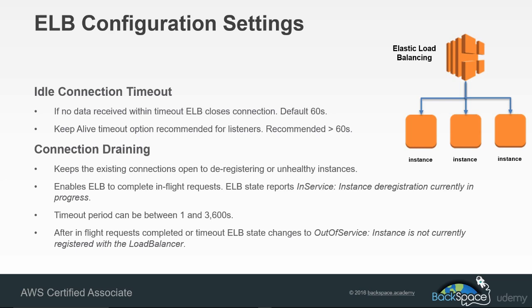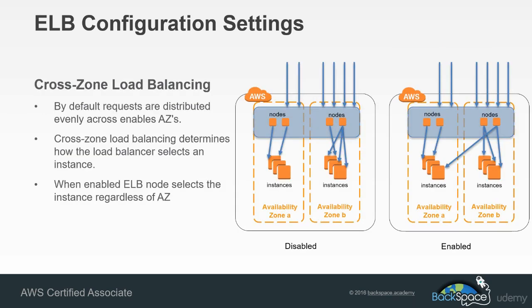After all of the in-flight requests have been completed, or that timeout period has occurred, the ELB state changes to out of service, instance is not currently registered with the load balancer. Another thing to consider is cross-zone load balancing.